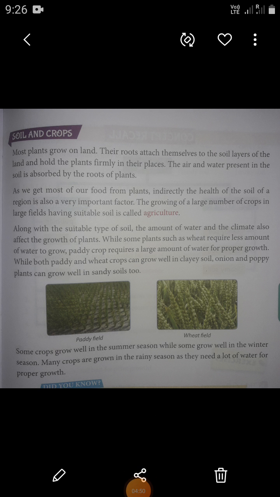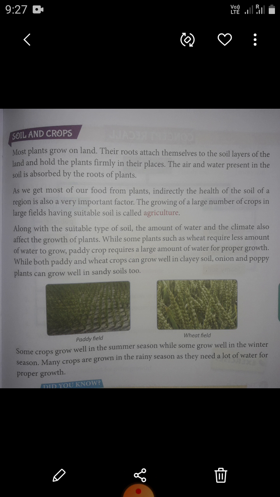Next, soil and crops. Most plants grow on land. Their roots attach themselves to the soil layers of the land and hold the plants firmly in their places. The air and water present in the soil is absorbed by the roots of plants.